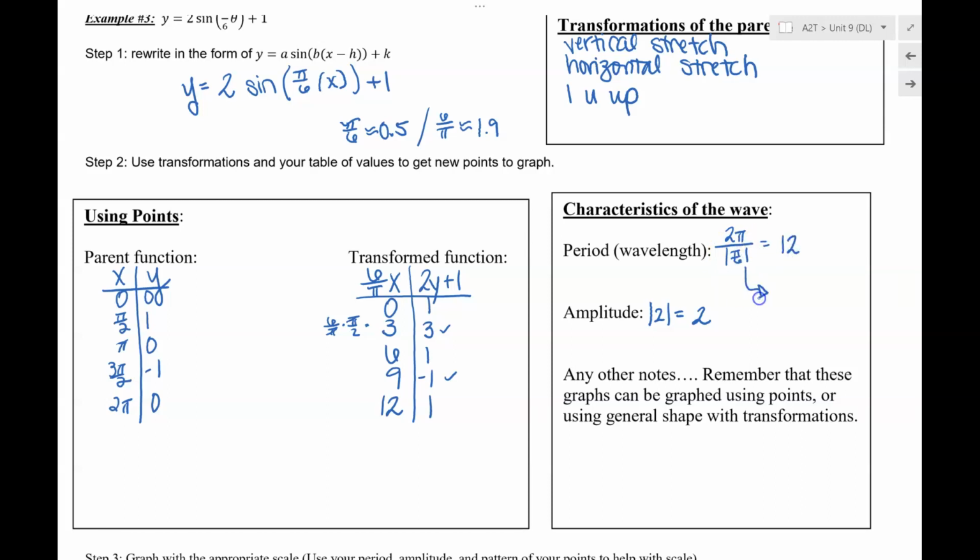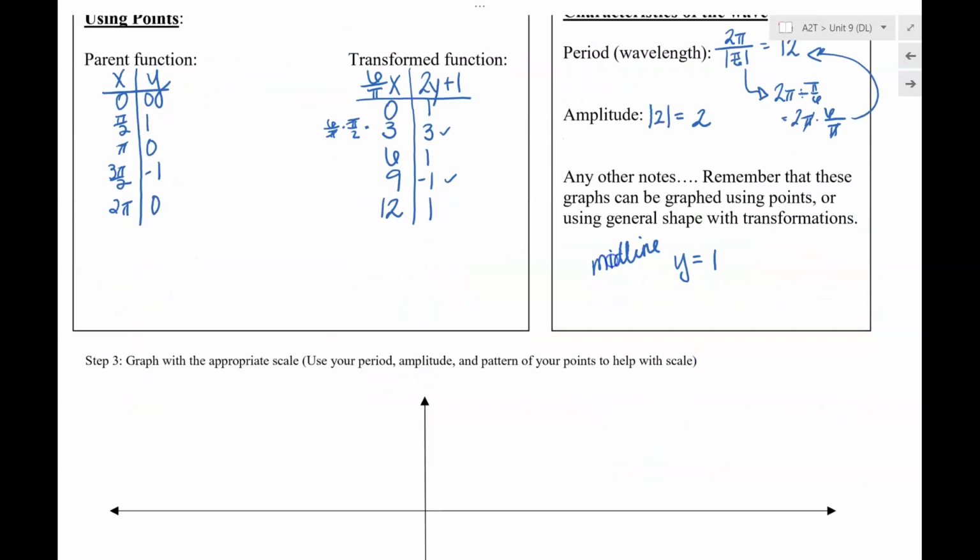Again, if you're like, what the heck? It looks like this. We're dividing by pi over 6, so 2 pi times 6 over pi, those cancel, and we get 12. The midline is adjusted by k, so our midline is at y equals 1. Nice job, guys.